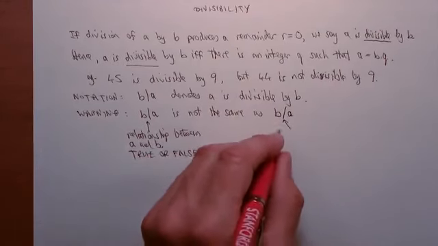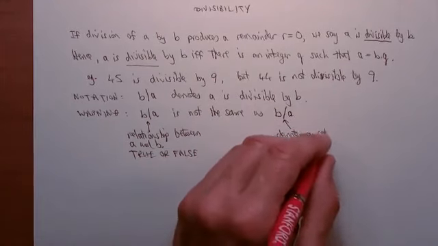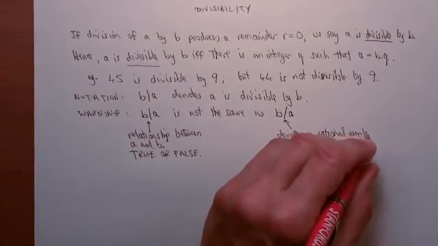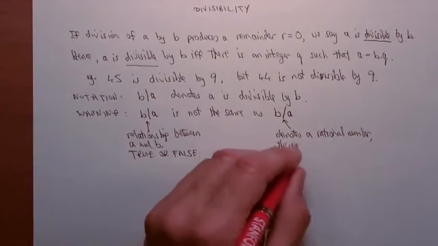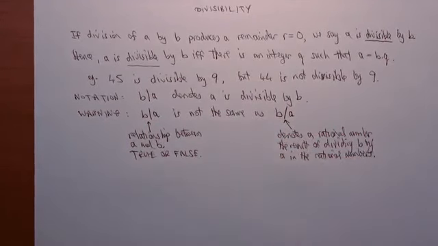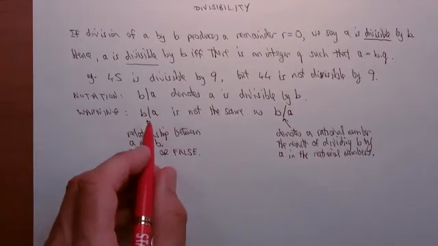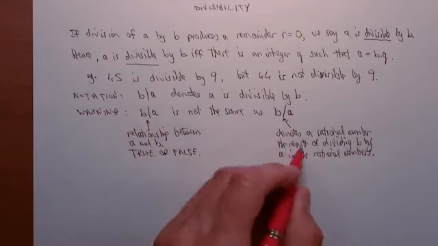This guy denotes a rational number, the result of dividing B by A in the rational numbers. So we have a property, a relationship, which is either true or false, and we have a notation for a rational number.